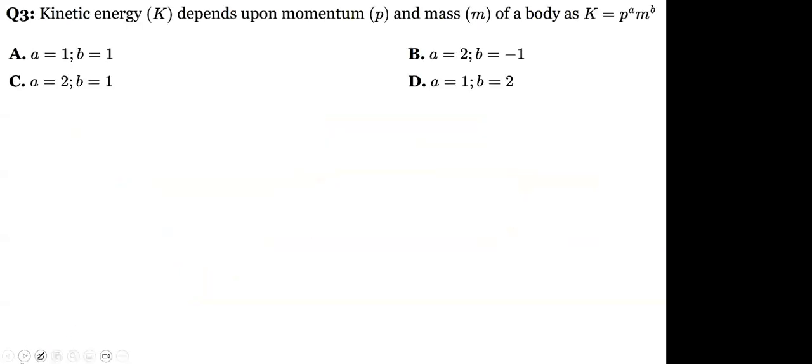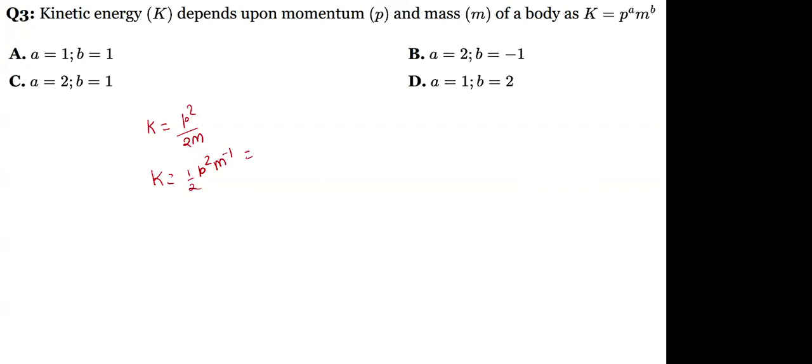Now move on to the next one. Kinetic energy K depends upon momentum P and mass of the body according to this expression: K equals P raised to the power A, M raised to the power B. Now we know, it's very simple, that kinetic energy is nothing but P square upon 2M, so from here we can say it is P raised to the power 2, M raised to the power minus 1.